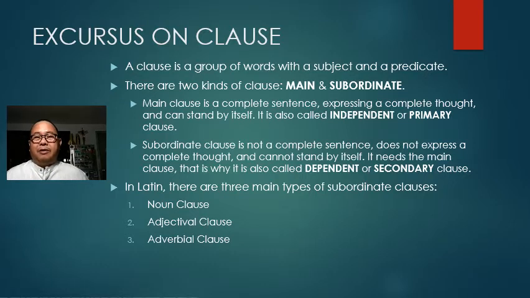Remember that a subordinate clause is not a complete sentence. Therefore, it needs the main clause. That is why it is called dependent. It depends on the main clause or the independent clause.